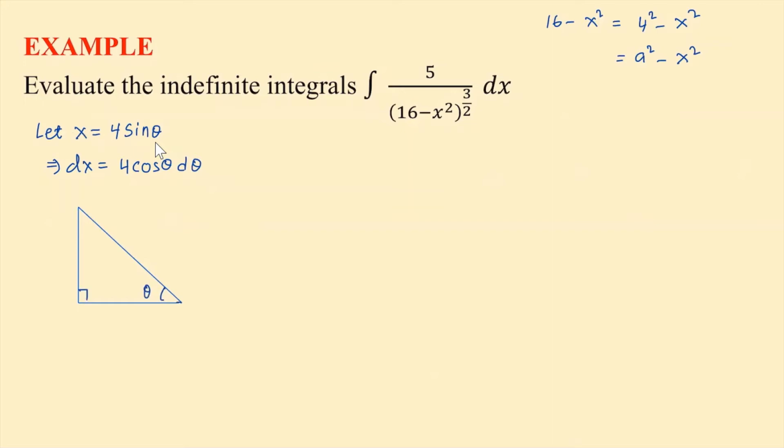Here we have x equal to 4 sine theta, meaning sine theta is equal to x over 4. So sine is opposite over hypotenuse. So x is the opposite, 4 is the hypotenuse. And if you use the Pythagorean identity, the missing side will be the square root of 16 minus x squared.